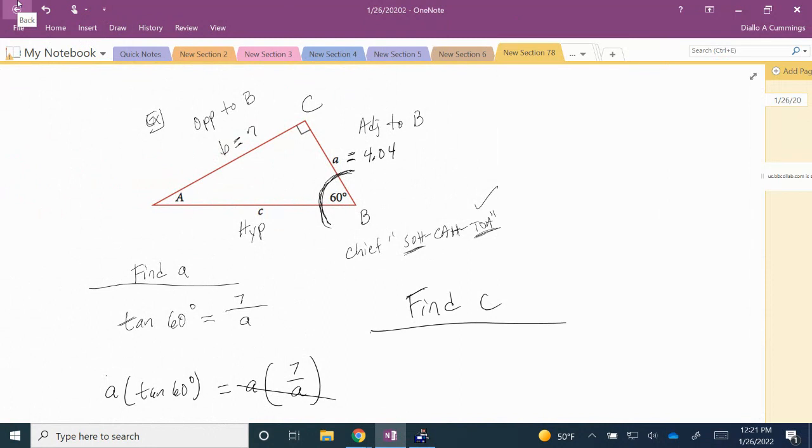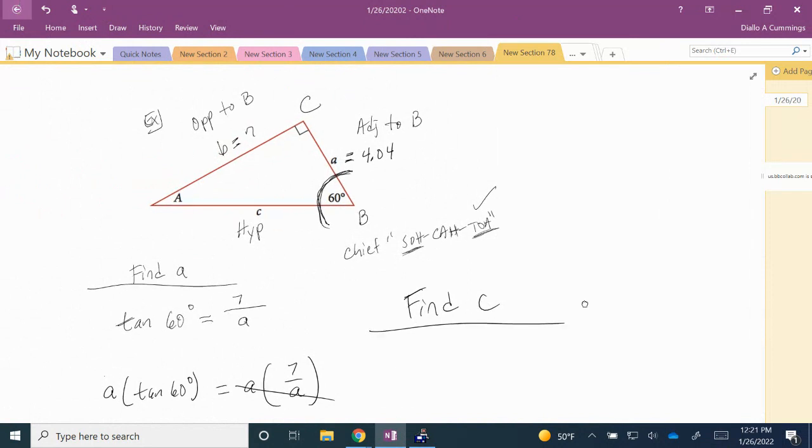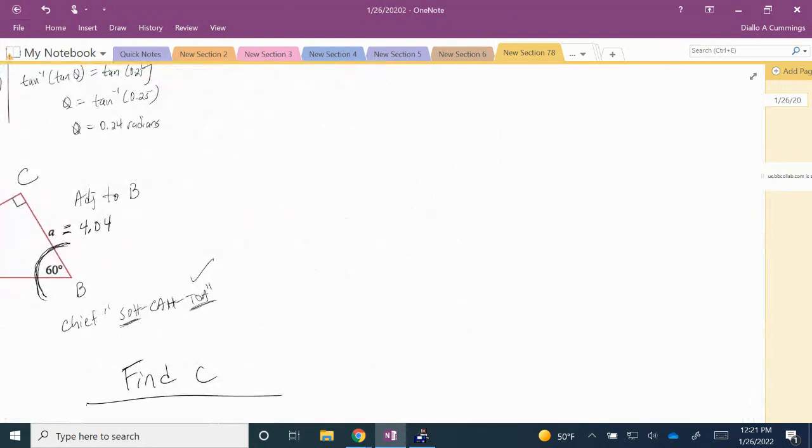As you're going to see as we go through solving right triangles, generally there's only one trig function that you set up. Once you set that up, if you know two sides of your right triangle, you can find the third side by using the Pythagorean theorem. So let me just write that over here.